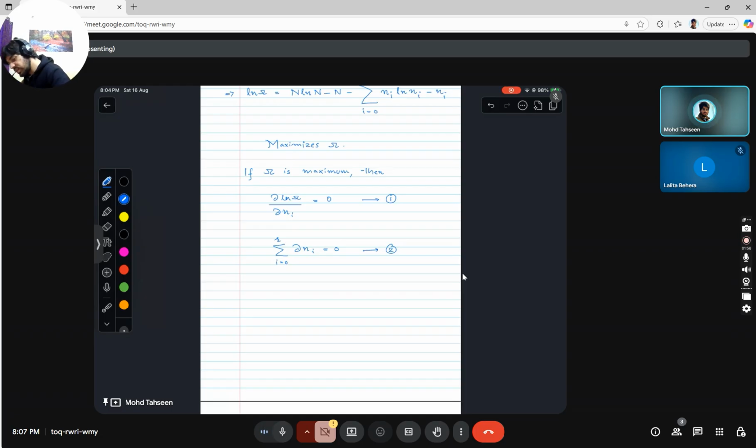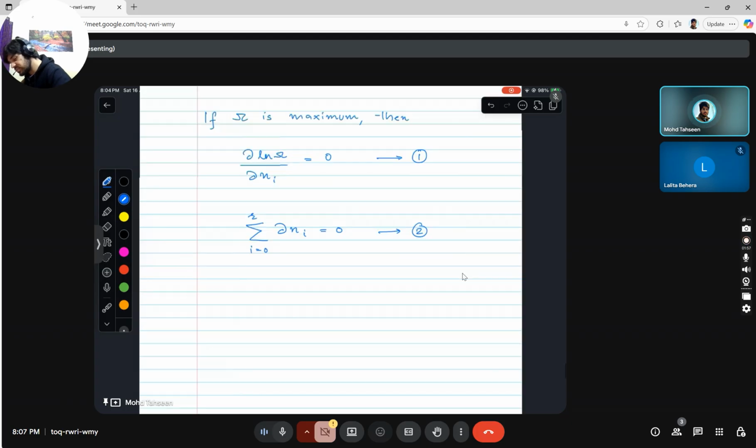And the third constraint is that the energy of the system is fixed, okay? Energy of the system is fixed. And how do we calculate that energy? So change in energy must be 0. If energy is fixed, change in energy must be 0, and this will be computed by this factor, right?